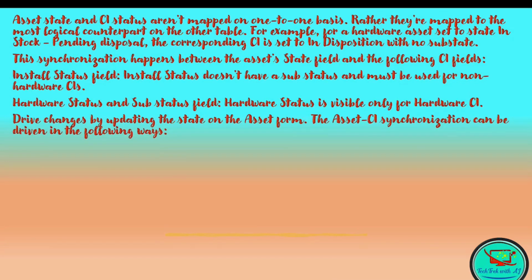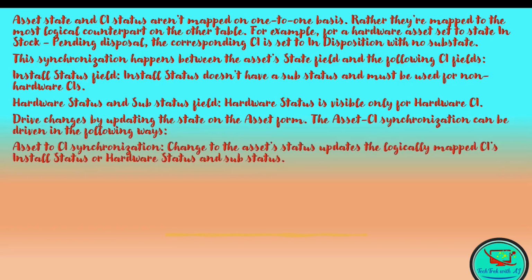Drive changes by updating the state of the asset form. The asset CI synchronizations can be driven in the following ways. I'll give you an example here. Asset to CI synchronization: a change to the asset status updates the logically mapped CI install status and hardware status and substatus automatically.